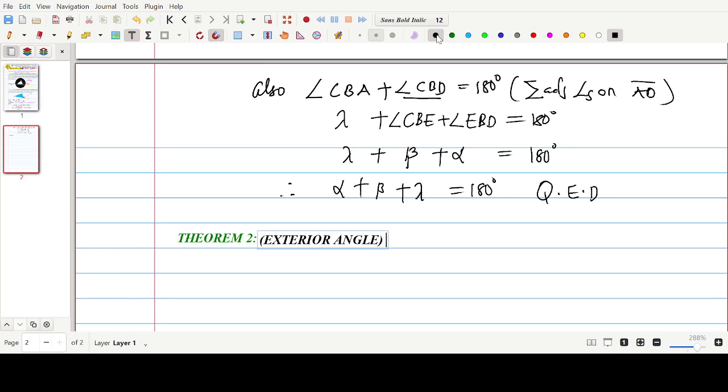So what is the theorem all about? This theorem will be presented in the ordinary form.